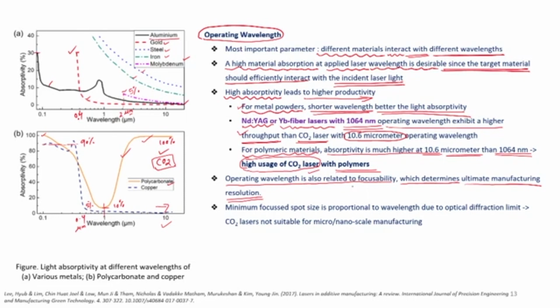The operating wavelength is related to the focusability, and the focusability is also controlling the manufacturing resolution. If we are not able to focus less than 10 micron, then we cannot manufacture the components below 10 micron size. So, focusing of the laser is very much important in the manufacture of micro sized or nano sized components.